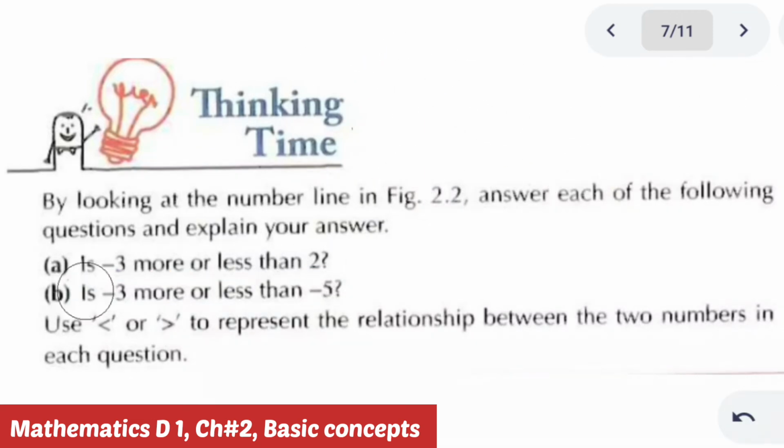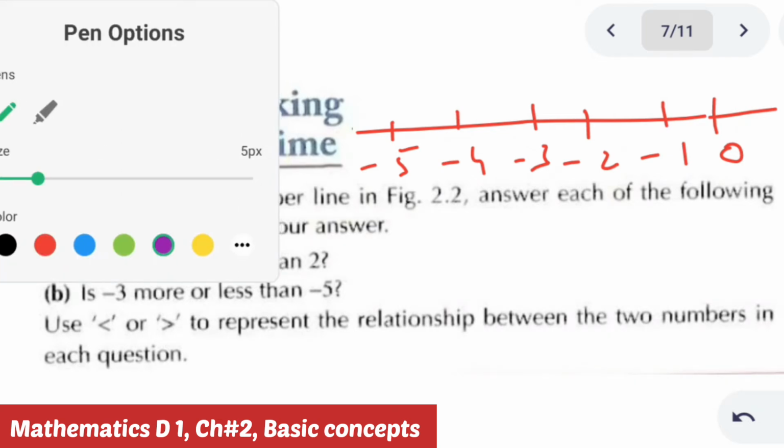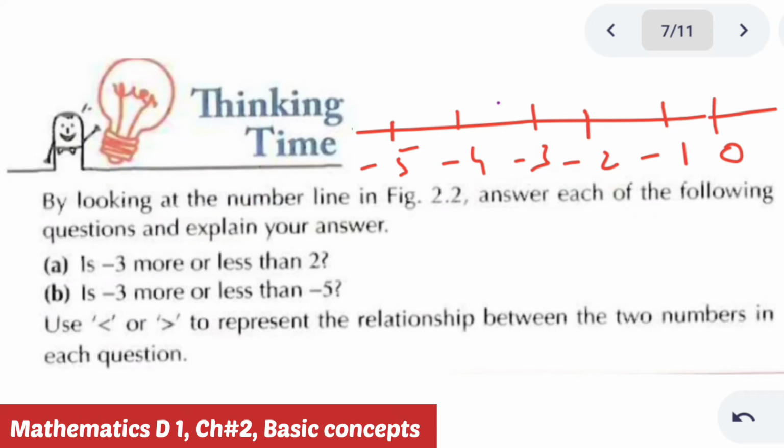Now in the second part the question is: is -3 more or less than -5? We again have to draw the number line, but this time I am going to start it from 0, -1, -2, -3, -4 and -5, and now we are going to locate these numbers first. The first number is -3 and the next number is -5.